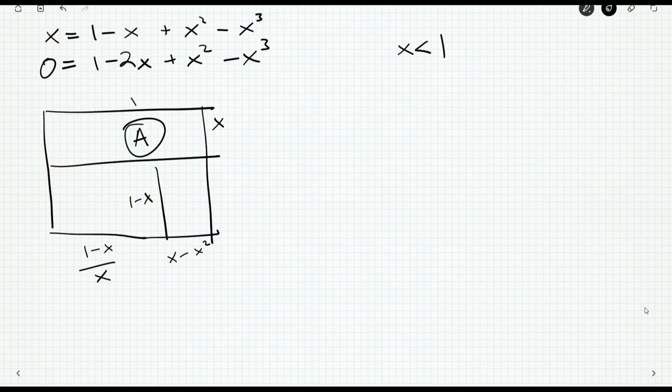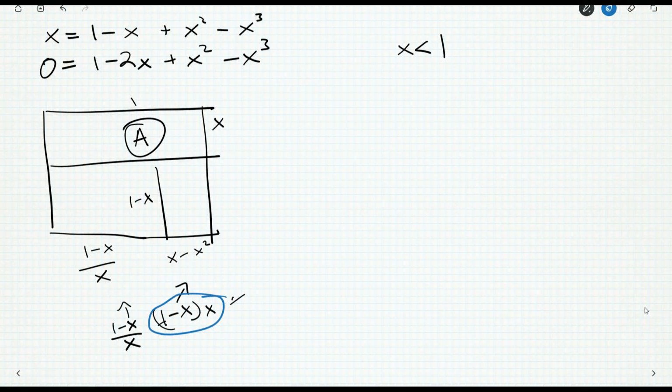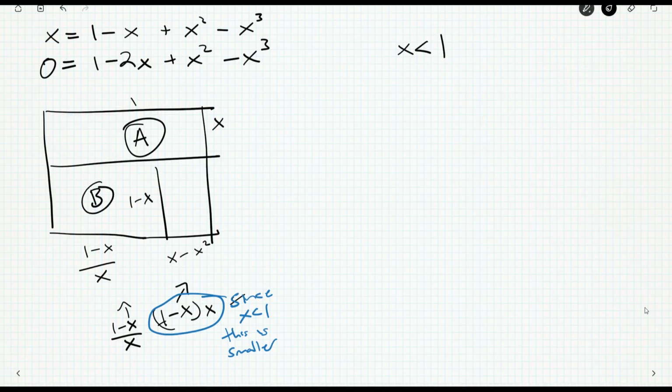So this is 1 minus x divided by x, and this is 1 minus x times x. Since x is less than 1, this is smaller. So then this one's got to be the bigger one, and this one's got to be the smallest.